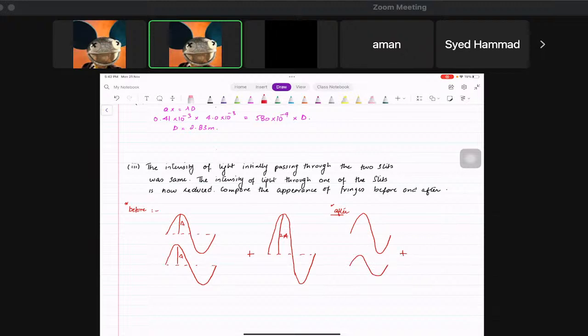So when they meet, of course it's not going to give you as big a wave as before, it's going to give you a bit smaller wave.